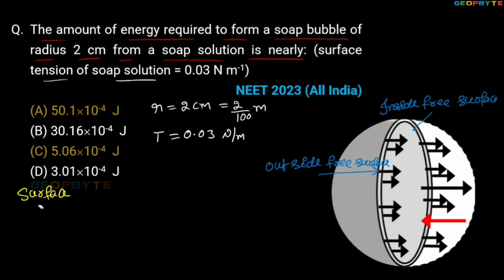Now, anyhow, as you know, surface tension, let me write it clearly. Surface tension T equal to, you can define the surface tension either in terms of surface force per unit length or surface energy per unit area.